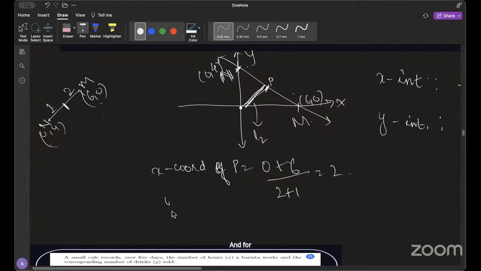Okay. So this is 8 by 3, and for the y coordinate of P, you will have 2 into 4, which is 8, and 1 into 0, 0, by 3. So it should be 8 by 3. Yes, ma'am, it is 8 by 3.